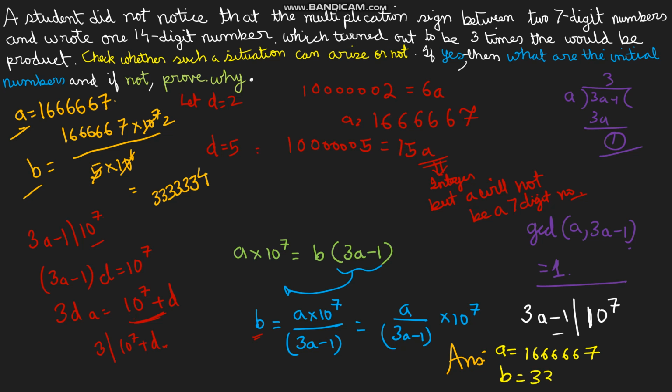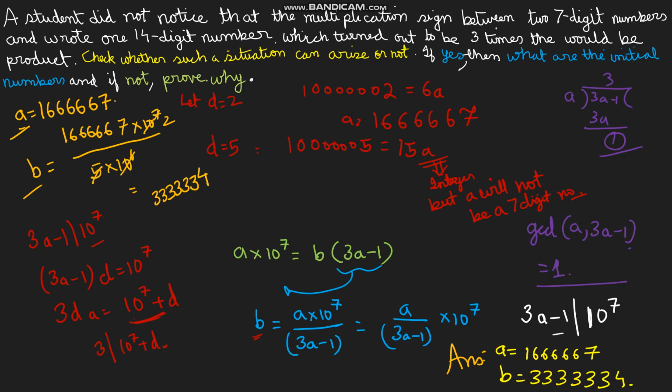B, we have got 6 threes, and then a 4. Right? Okay. So thank you, slide came apart. So these are our answers. And in this case we have got a big yes. It's possible, and the initial numbers are here.